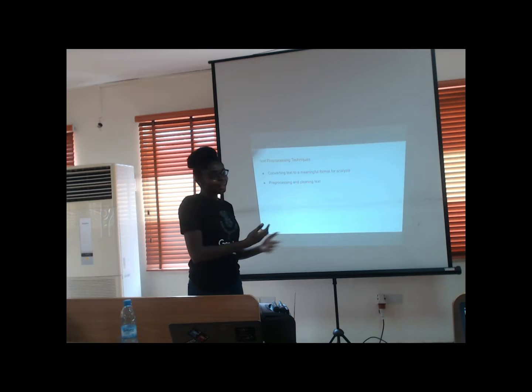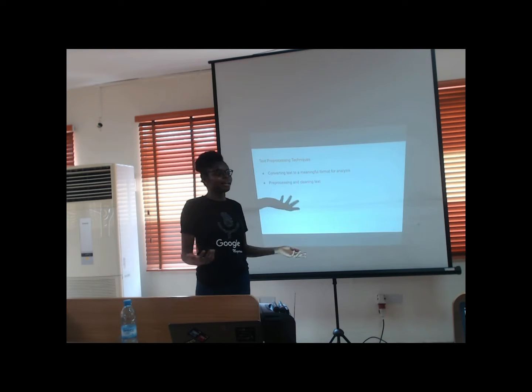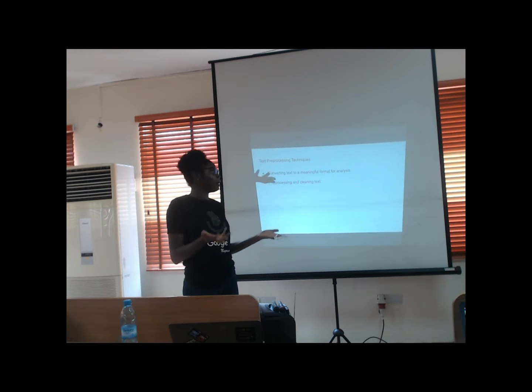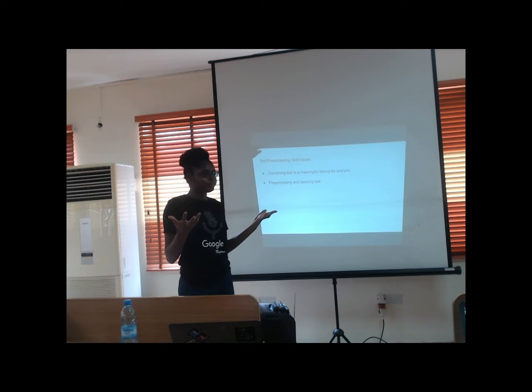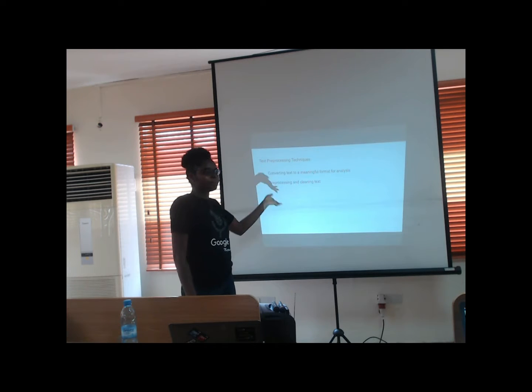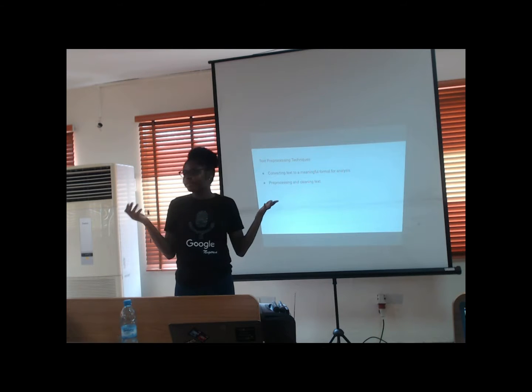So text processing is converting text to a meaningful format for analysis. Just like image processing, you want to convert the data you have to useful data that you can pass into your model. It's processing and cleaning text. It's very intuitive.